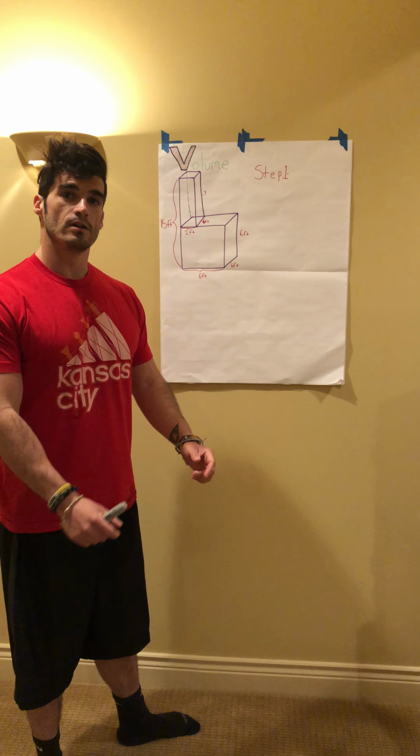We have not done anything with the 9, so we bring that down. 12 times 9: 9 times 2 is 18, carry the 1. 9 times 1 is 9, plus 1 makes 10. So this is 108 cubic feet. That's for shape 1.